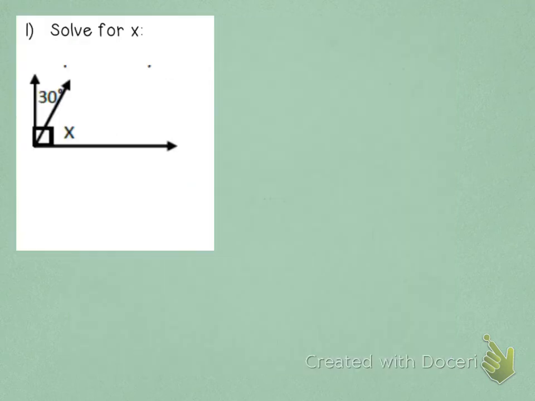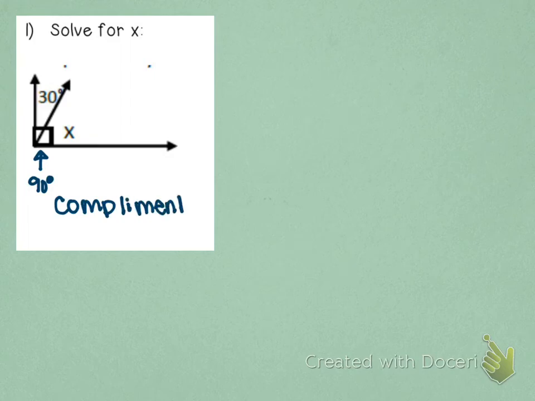So now we're going to take that knowledge and put it into equations. So here's our right angle. This is a 90-degree angle. So we know that complementary angles are two angles whose sum is 90. If sum means equals 90 degrees, then I just take those two angles and add them together.